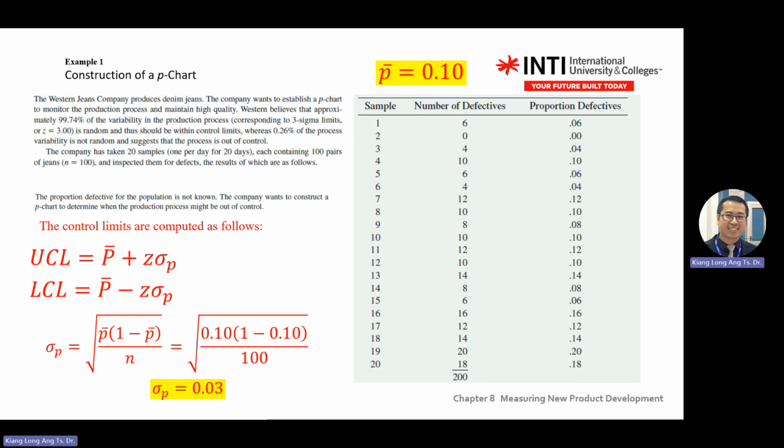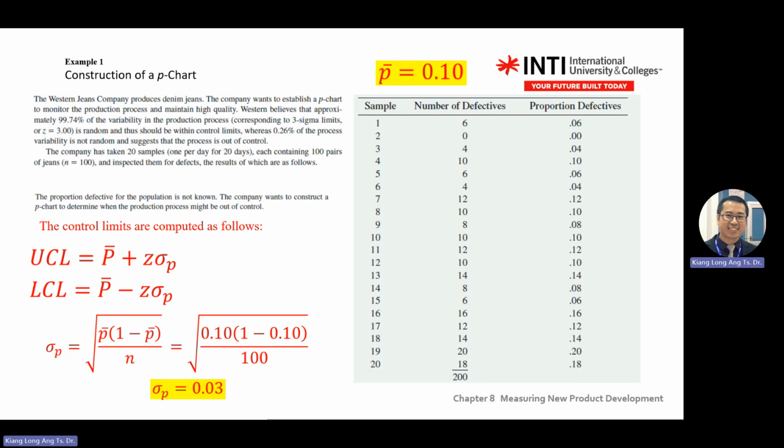So in this case, for example, sample 1, number of defects 6, proportional is 0.06. Why? Because each time you take one sample is 100 items. So you get total number of sample, for example, 6 divided by 100, you get 0.06.